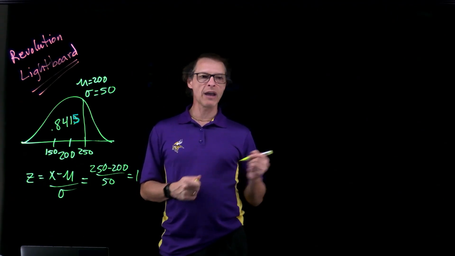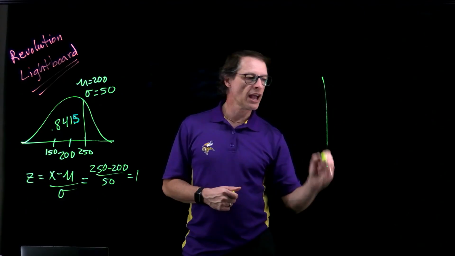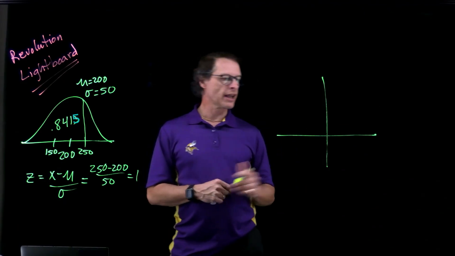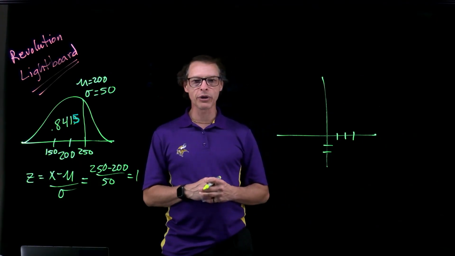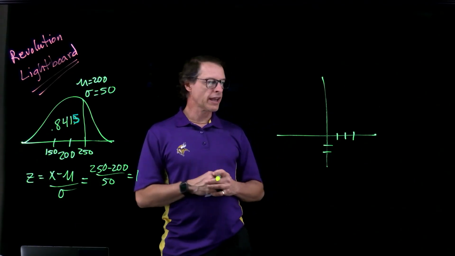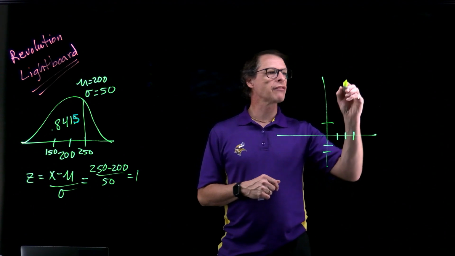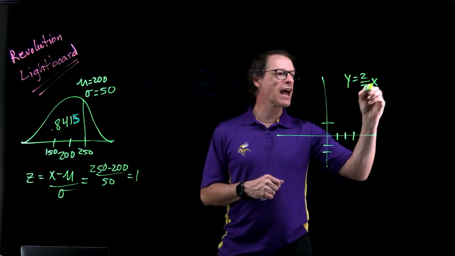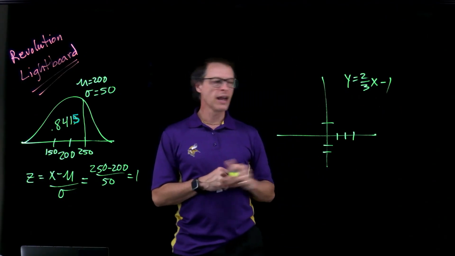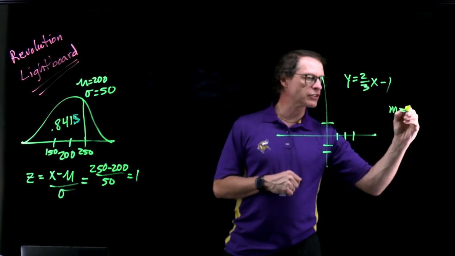We love that we can draw pictures, and so when we're doing a graph, right? This is very hard to do on a computer live, but we can say that we're going to graph the line y equals 2/3 x minus 1. And so that tells us that we have a slope.